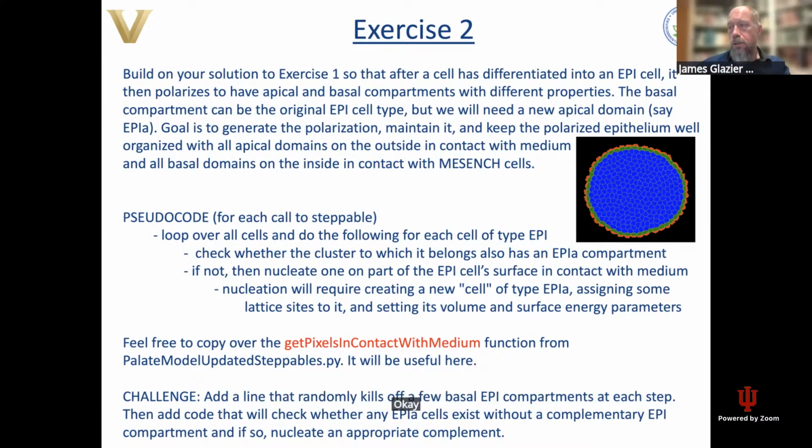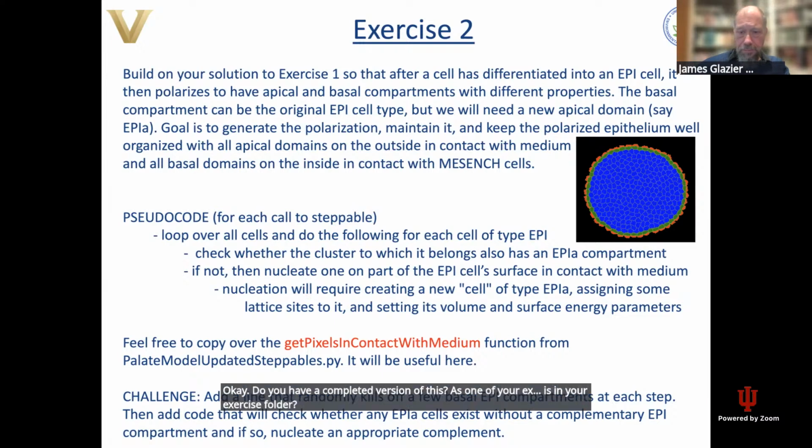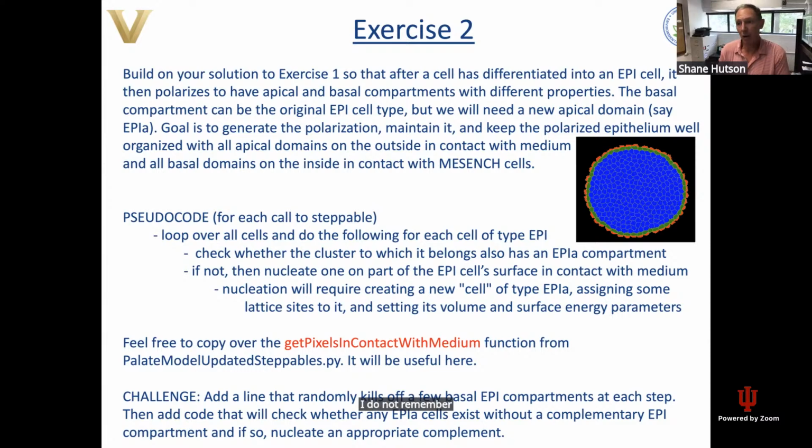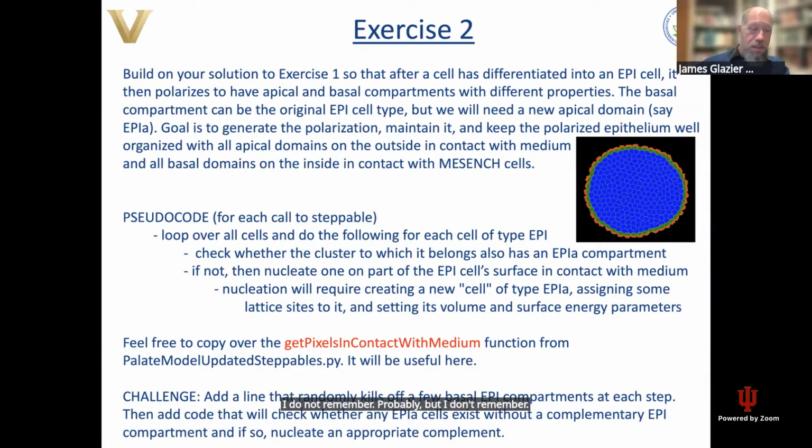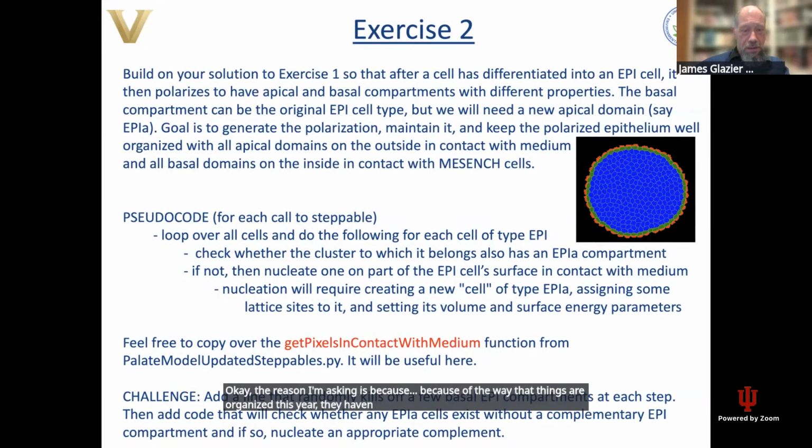Okay. Do you have a completed version of this in your exercise folder? I do not remember. Probably, but I don't remember. Okay. The reason I'm asking is because of the way that things are organized this year, they haven't seen compartmental cells yet.